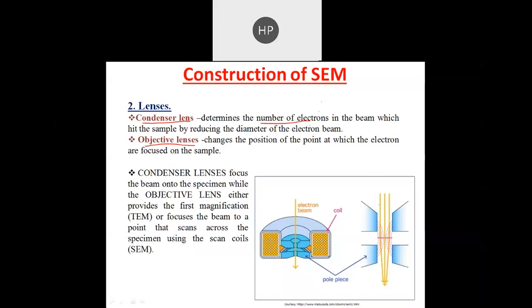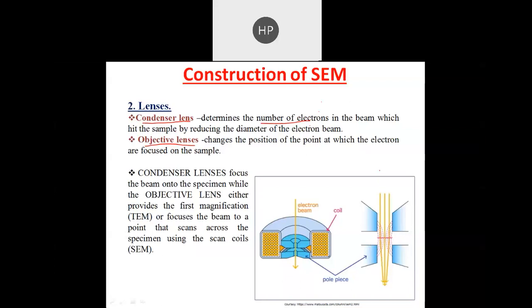So here, if you see the diagram, objective lens over here, condenser lens over here. So these are the beam of electrons which is coming from that electron gun. Now that electron beam will be reduced in diameter due to this effect.